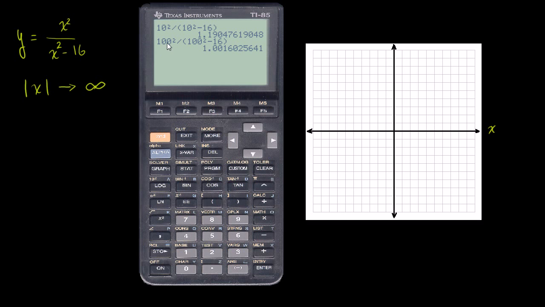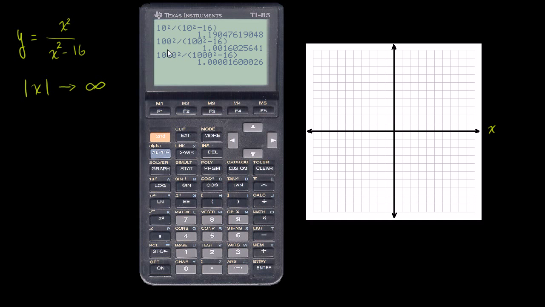When x is 100, 100 squared over 100 squared minus 16, y is 1.0016. Just for fun, let's try 1,000. So it's 1,000 squared divided by 1,000 squared minus 16. And we're even closer to 1.